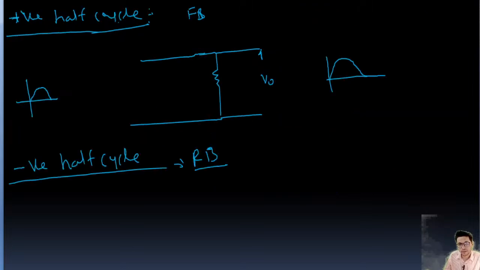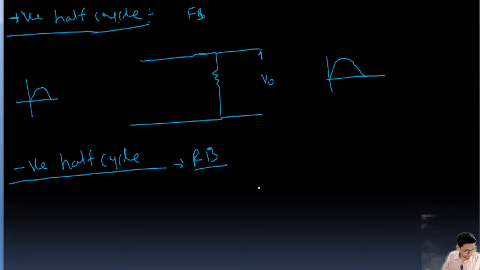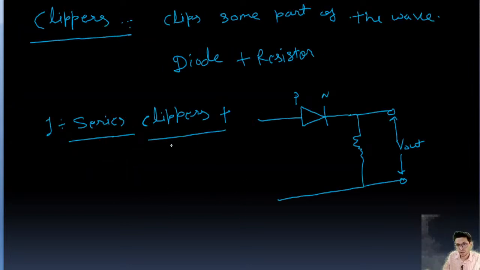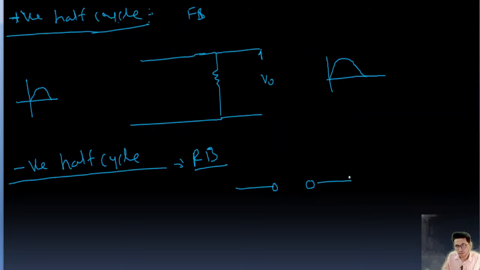So here this is going to be open circuited, because for the negative half cycle this diode will be open circuited, right? Because it will be reverse bias. So the output is going to be 0 in this case.